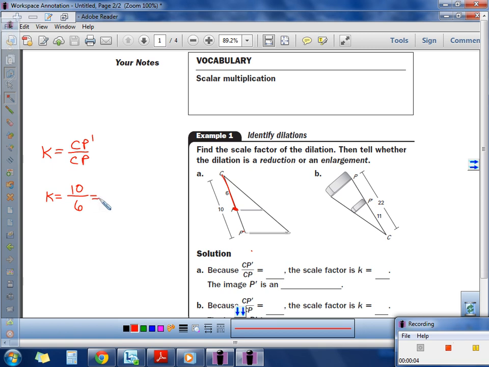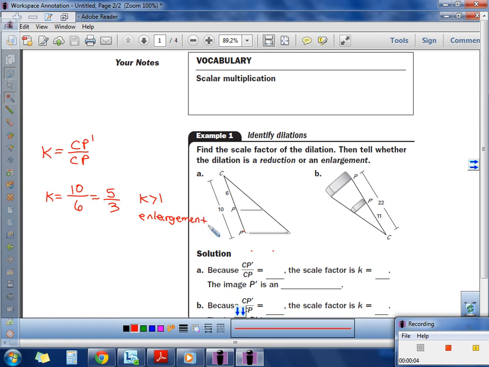Does anybody know what that simplifies to? Yeah, good job. 5/3. Now you need to think to yourself, is that an enlargement or a reduction? Well, 5 divided by 3, is that going to be bigger than 1 or less than 1? That's bigger than 1. So since k is greater than 1, we have an enlargement. Good job.